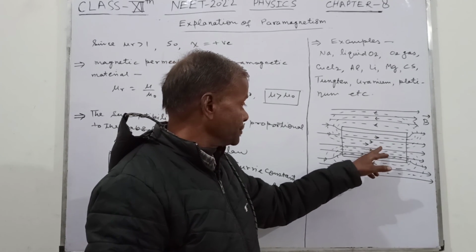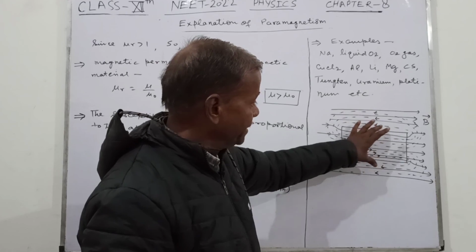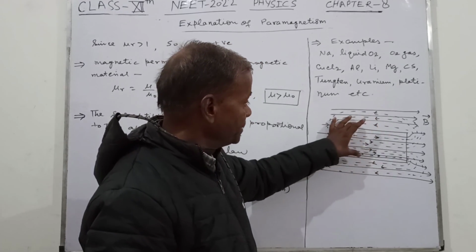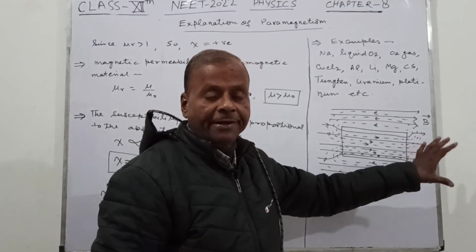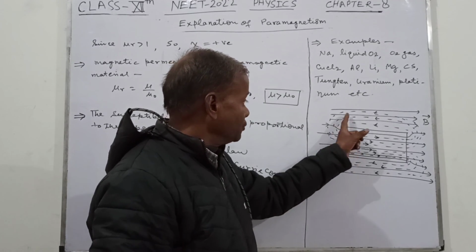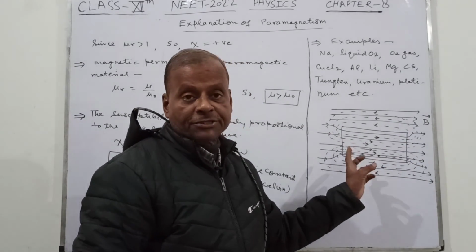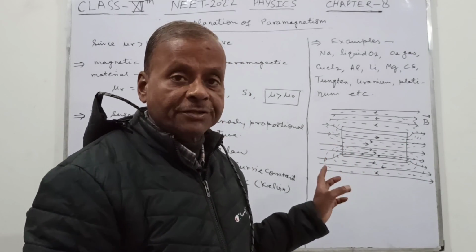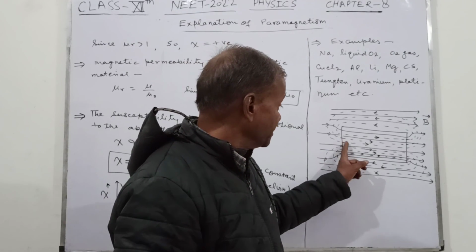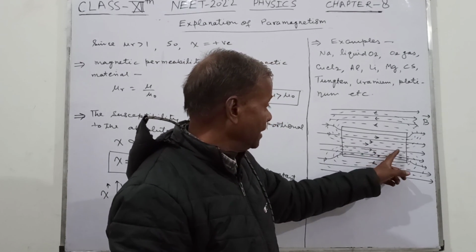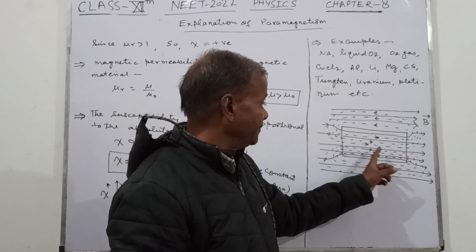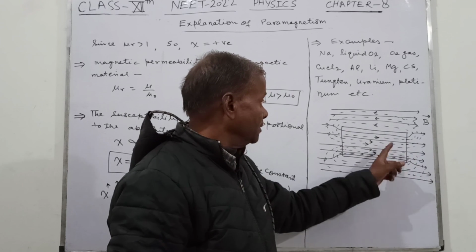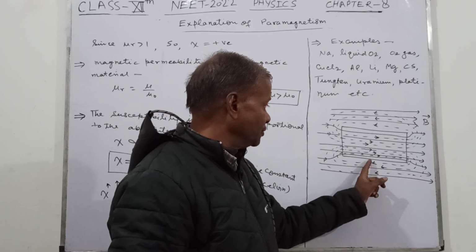So inside the material the magnetism is in the direction of the applied magnetic field. These dotted lines that I have shown you are due to the induced magnetism. So that induced magnetism is giving the magnetic field lines in the direction of the applied field inside this material. But outside these are opposite to this one.